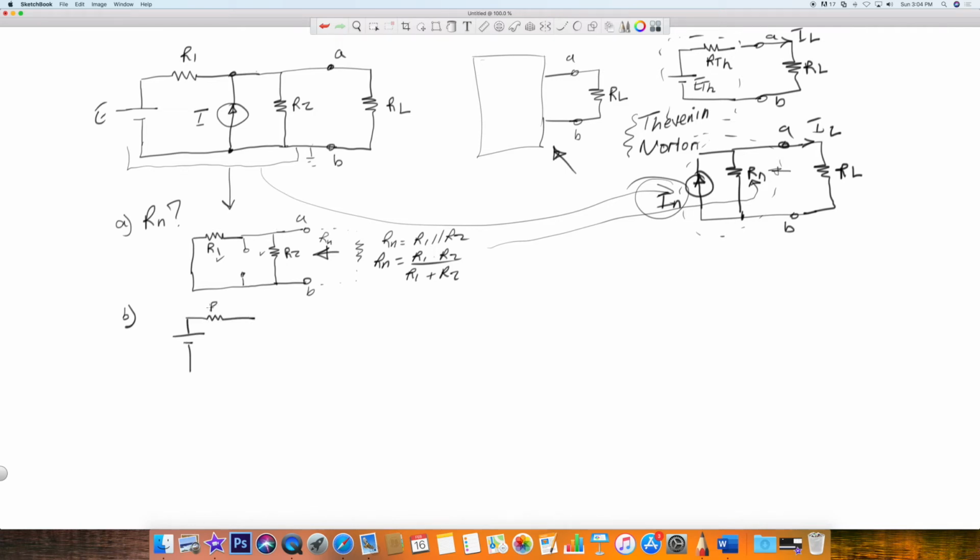Here is R1, this is E. We're going to leave the current source open. We're going to put R2 back here. But for Norton, this is the particular solution: we're going to put a short right here.